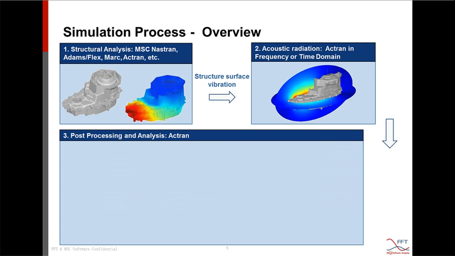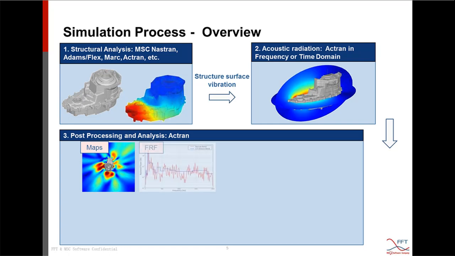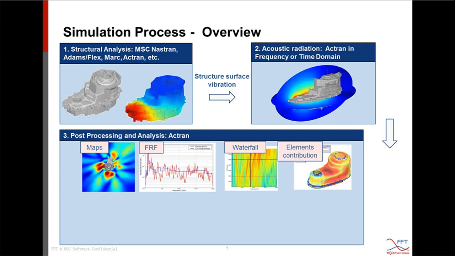The typical post-processing outputs in Actran are colored maps, frequency response functions if the analysis is in frequency domain, waterfall diagrams for multi-load case or multi-engine RPM problems, and panel contribution or element contribution.